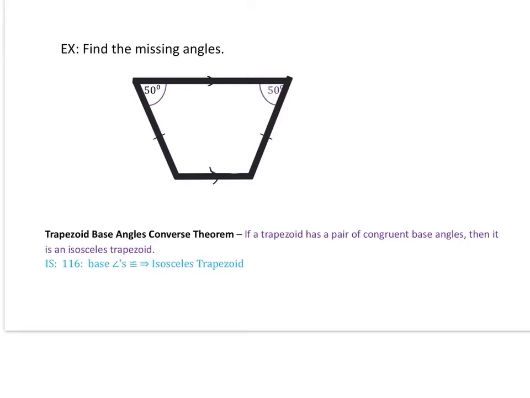All right, next we want to look at the other base angles, and we know that since we have parallel lines, we can highlight a C shape.